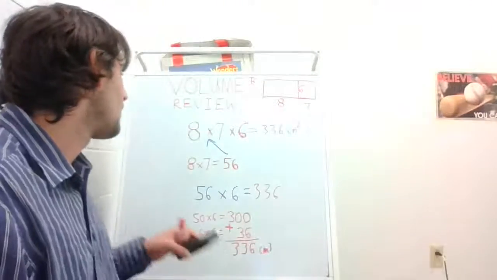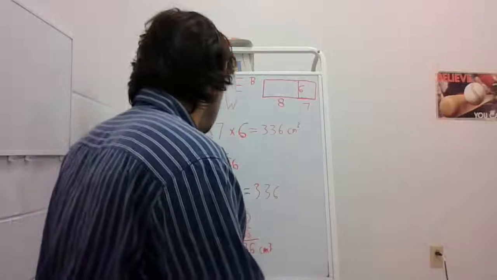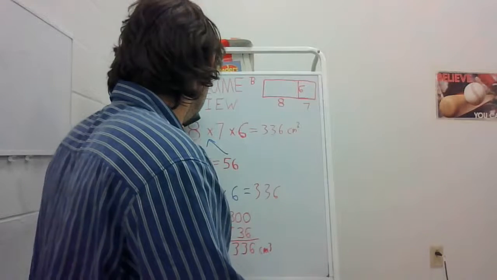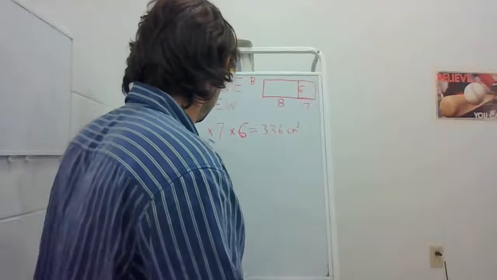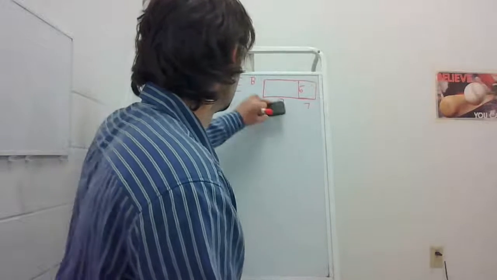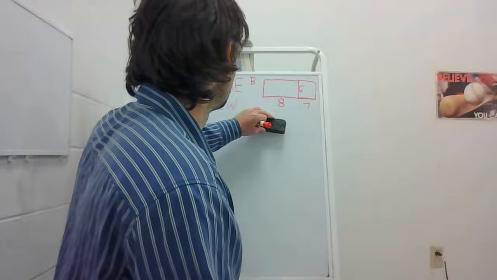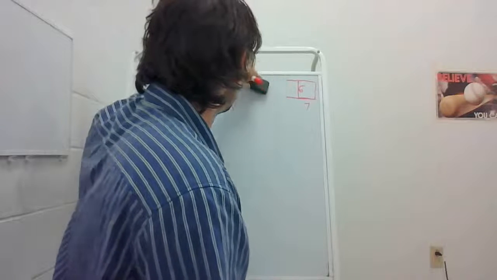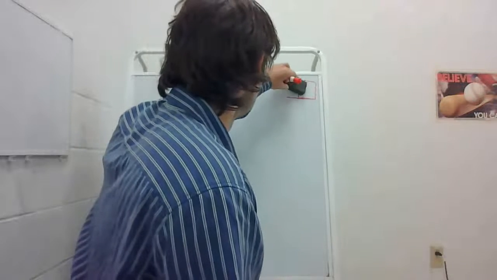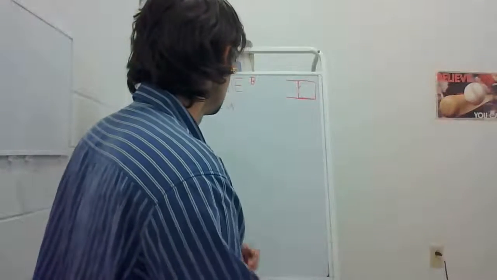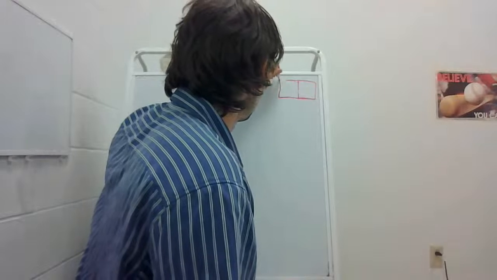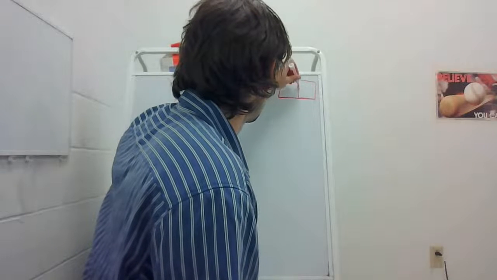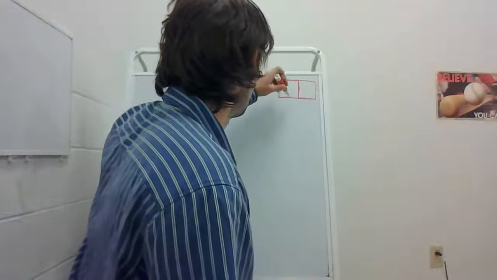All right, I'm going to do one more problem now. Let me draw this a little more to scale. In a cube or square with 4 equal sides, the length, the width, and the height are all going to be the same amount, all equal.